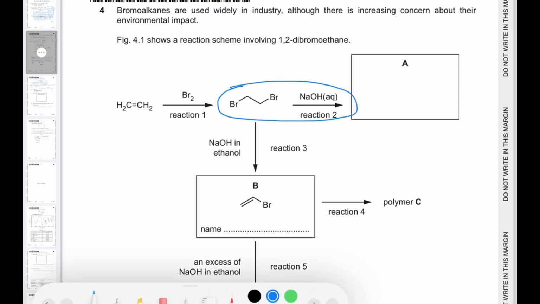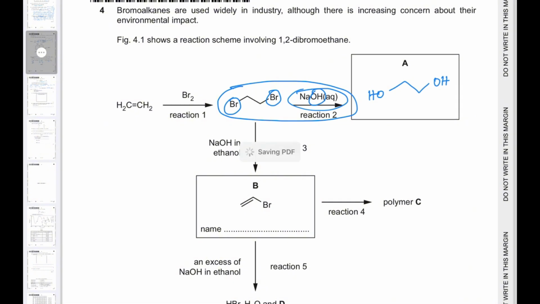Whenever a halogenoalkane reacts with aqueous sodium hydroxide, this results in a substitution reaction where the halogenoalkane is substituted by the hydroxyl group. So now you will have an alcohol instead of the bromoalkane actually.